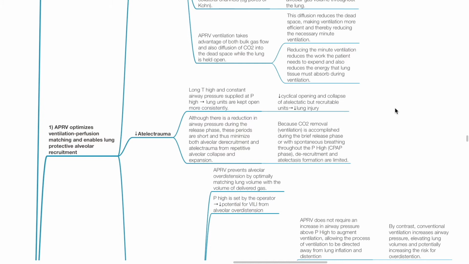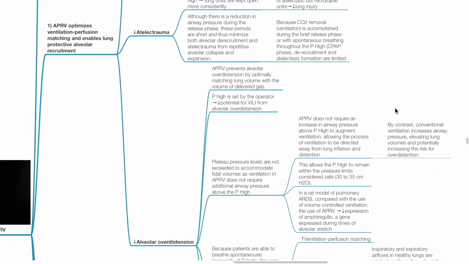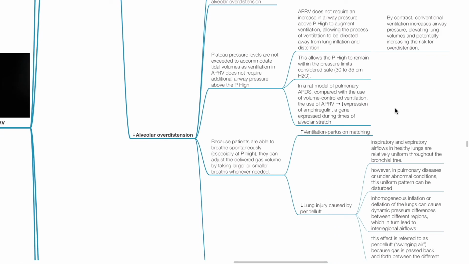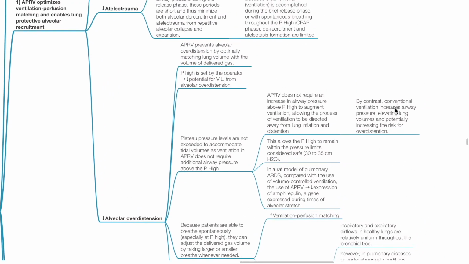Although there is a reduction in airway pressure during the release phase, these periods are short and thus minimize both alveolar de-recruitment and atelectrauma from repetitive alveolar collapse and expansion. As CO2 removal is accomplished during the brief release phase or with spontaneous breathing throughout the CPAP phase, de-recruitment and atelectasis formation are limited.